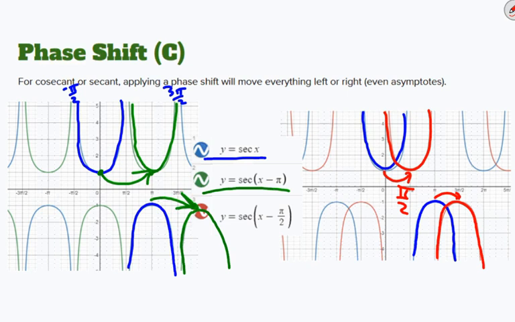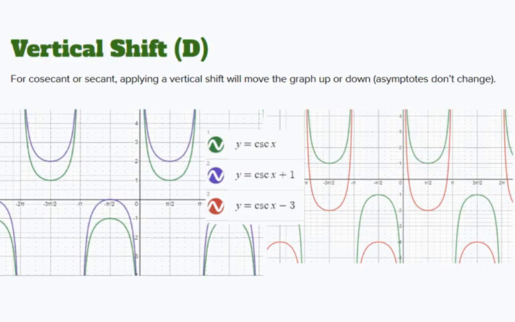That's the right pi over 2. This over here was to the right pi, sorry. Both of them are to the right. So the right pi over 2 and to the right pi. That's the phase shift.